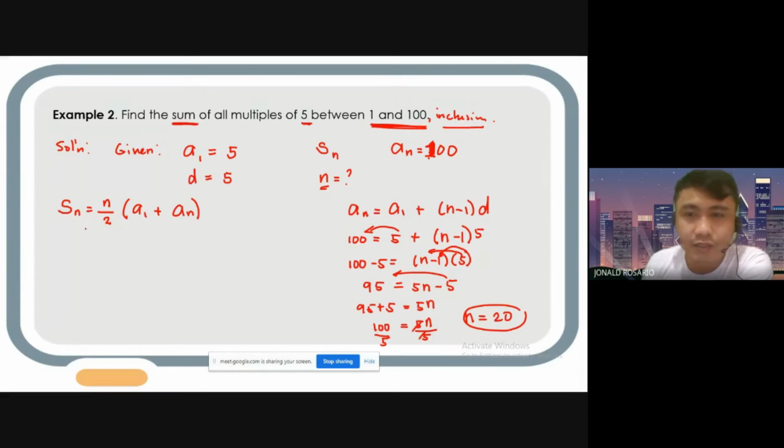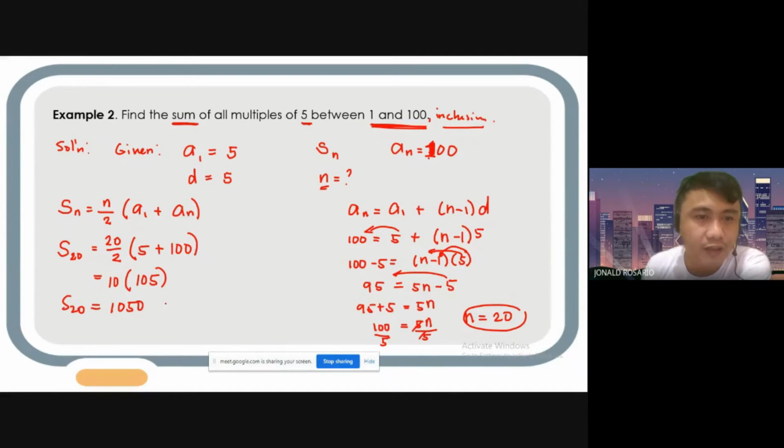So we can now solve for our S sub 20 or the sum of the first 20 terms. So 20 over 2, our a sub 1 is 5, our a sub 20 is 100. So 20 divided by 2 is 10. 5 plus 100 is 105. Okay, we have 1050.